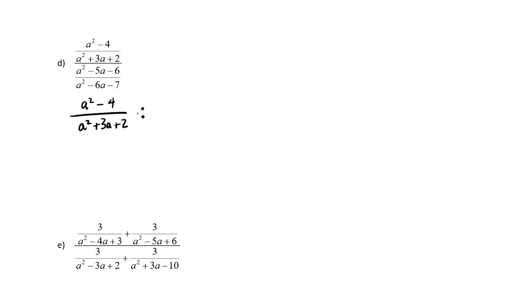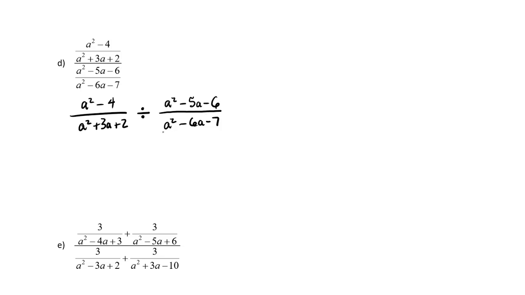And then I'm going to put a division symbol and then the denominator, a squared minus 5a minus 6 over a squared minus 6a minus 7. And now I'm going to try and factor these fractions after I flip the second fraction over and multiply.